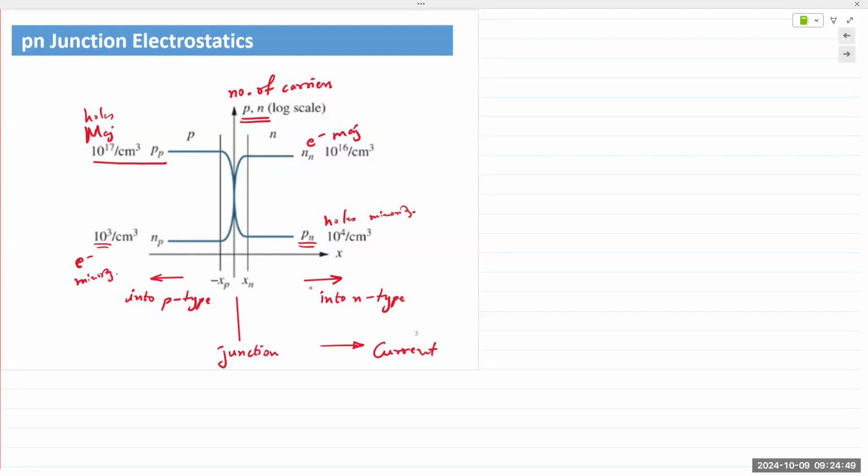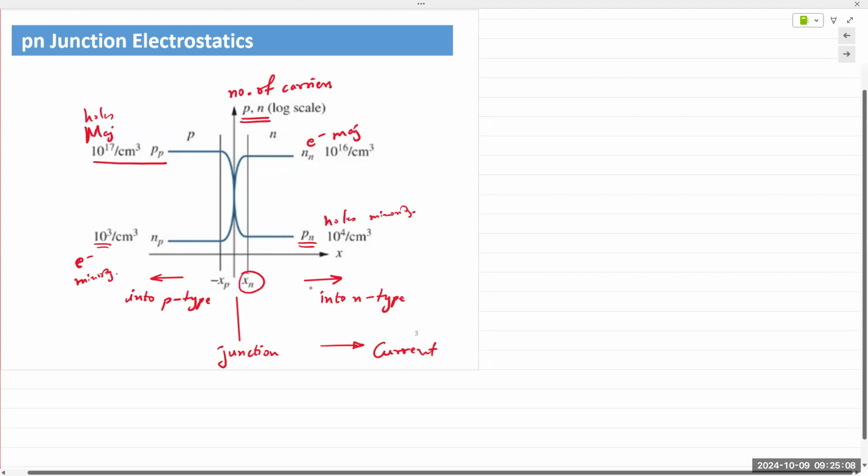But what I always like to point out is that X is basically the distance from the junction. So XN and XP are basically the distance from the junction into the N and P type material. On this side you have XN, and on this side you have XP. The reason we give a minus to the P side is because it's opposite of the current flow.